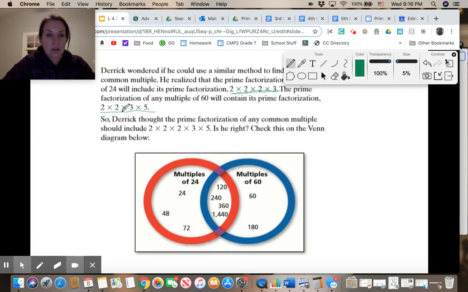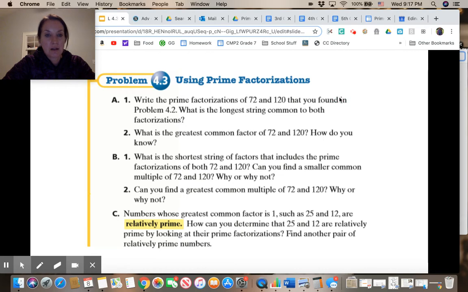And this one is 2 by 2 by 3 by 5. Does my prime factorization include all of that? Yes. Ooh. So he has combined it so it includes the prime factorizations of both of those numbers. And so he was correct.